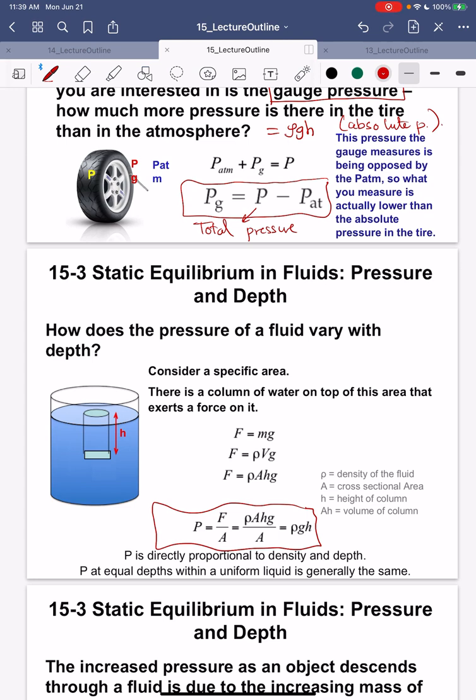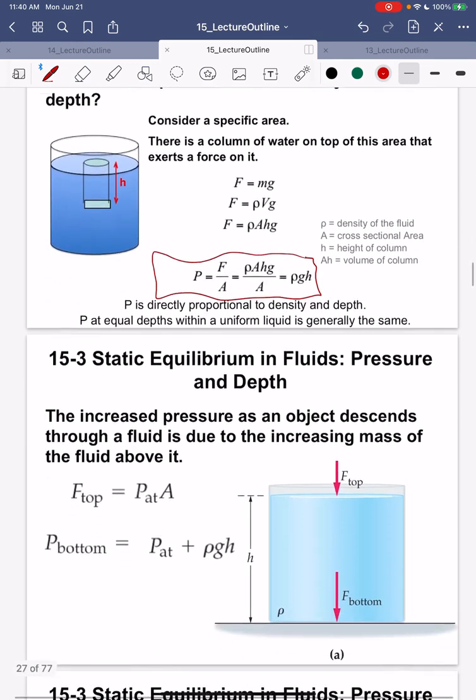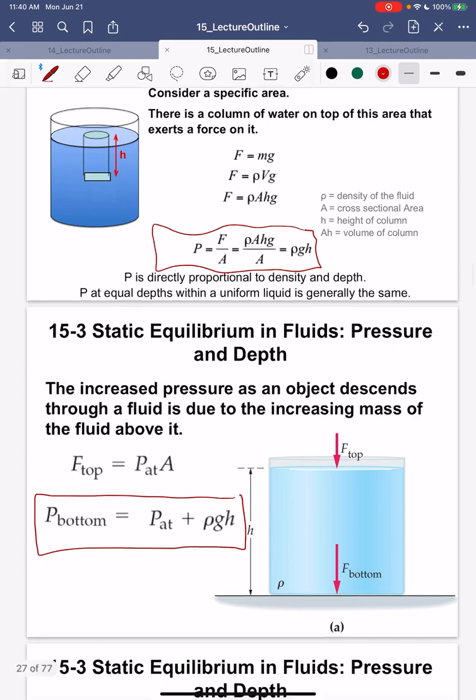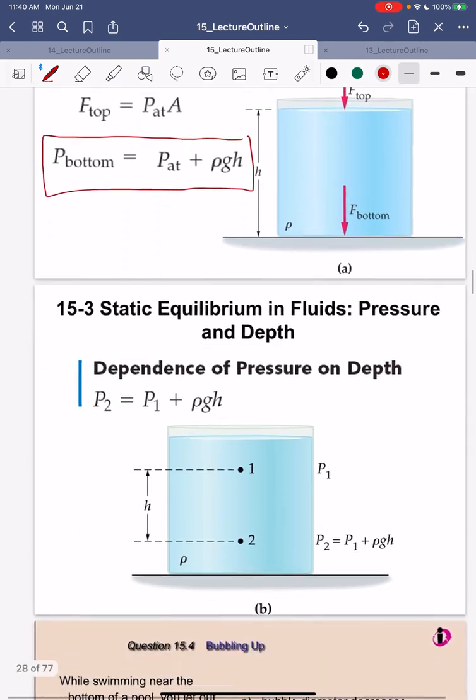Then P is directly proportional to density if we are changing the fluid, and to depth. But if we are talking about the same fluid, then the pressure depends only on the depth. Here also, we are talking about the total pressure. It is the atmospheric pressure plus the gauge pressure, which is rho g h.